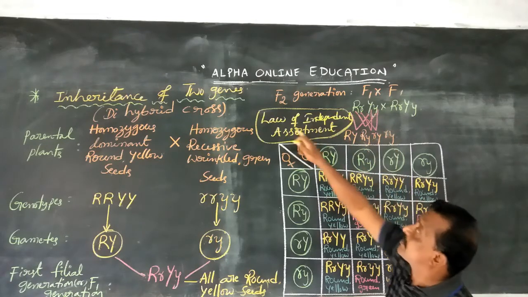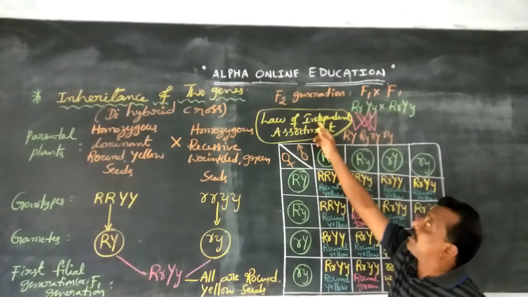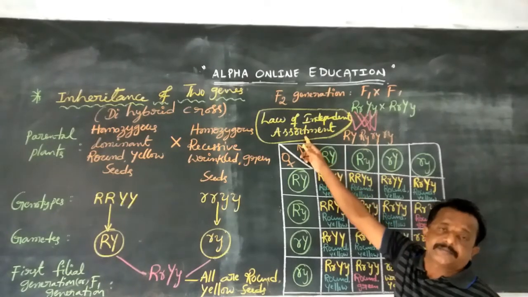That is known as the law of independent assortment.